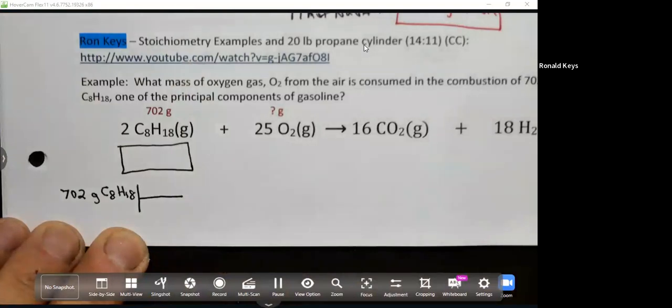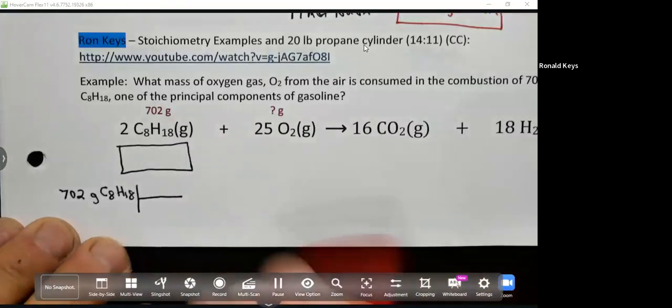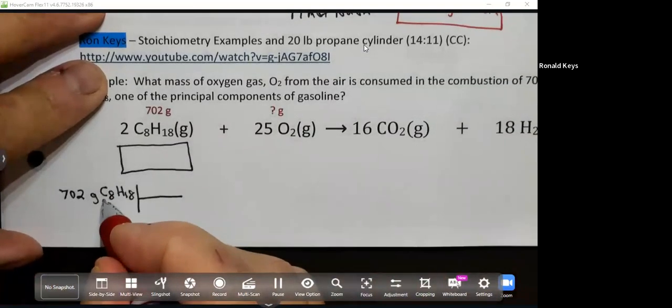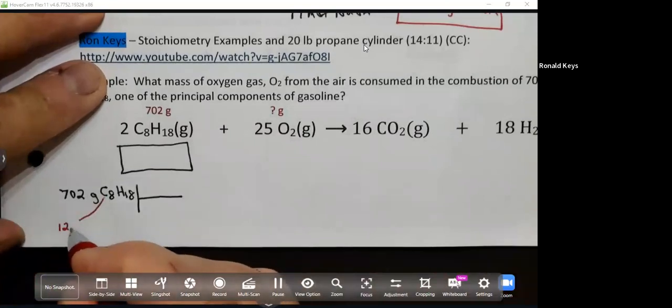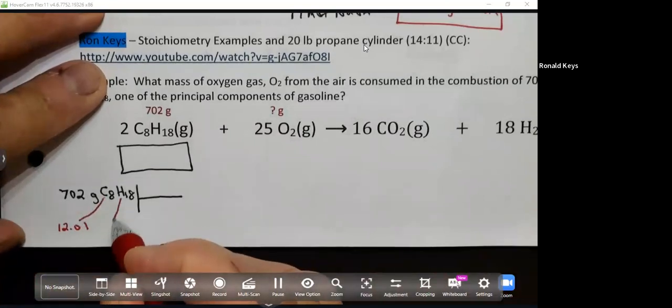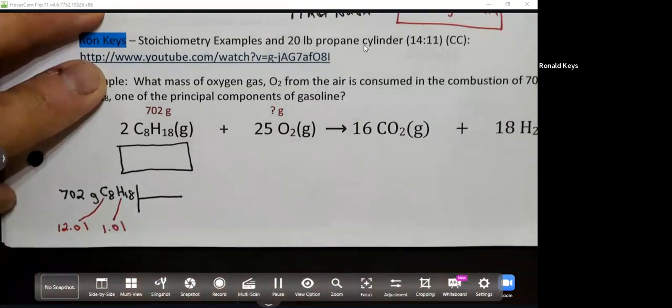And down here, we're going to add these up. And hopefully you remember that carbon is 12.01. Hydrogen is 1.01.